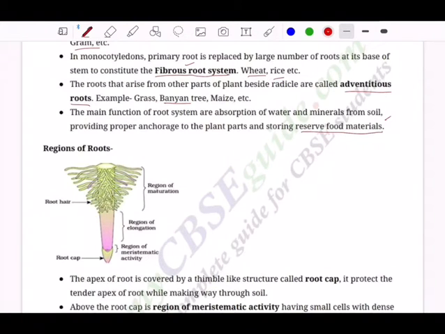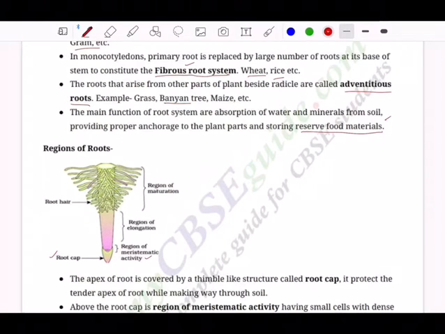There are basically three regions of the root. The first and foremost is the tip of the root, which has a cap called the root cap. This is for protection. The area covered by the root cap and a little bit above is the region of meristematic activity.